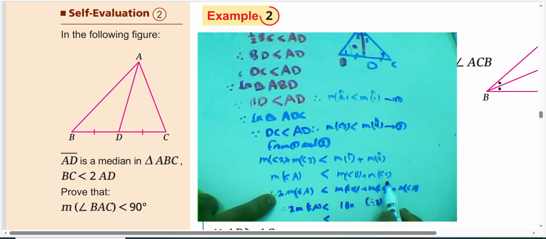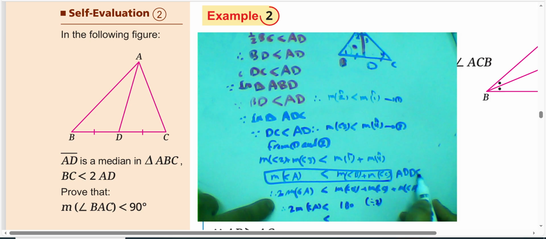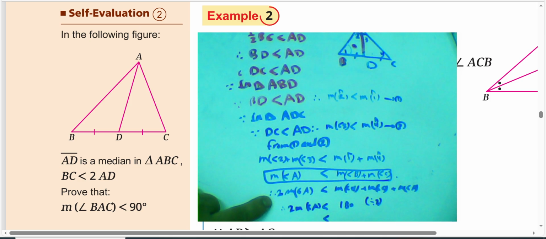You know the steps. I add the measure of angle A to left hand side and right hand side, here and here, twice A, and then the summation of the 3 angles of a triangle is 180, divided by 2, it will be 90.